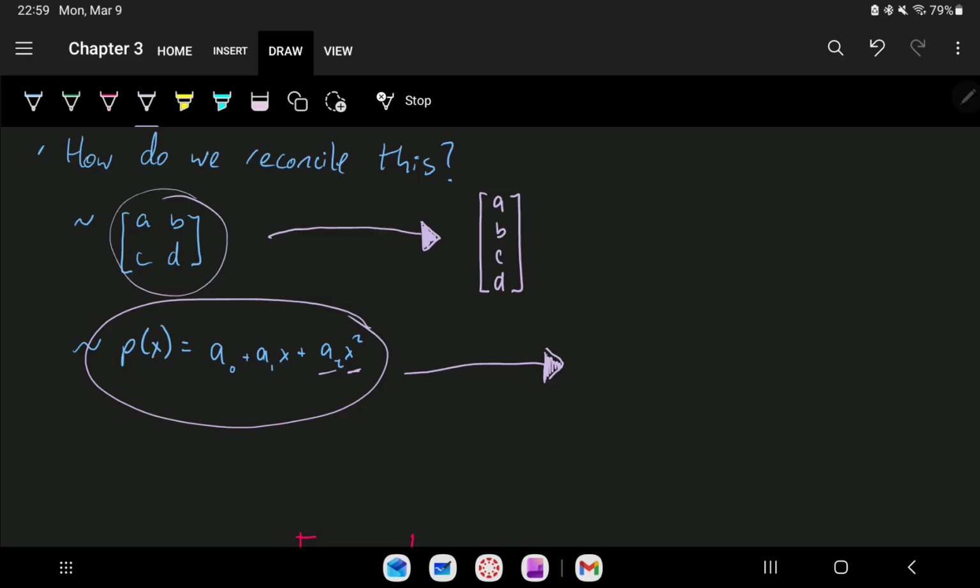That's basic stuff. Well, if we organize this where we have x squared and x and the constant all in line, from there we have a vector, right? So we can even convert polynomials into vectors.